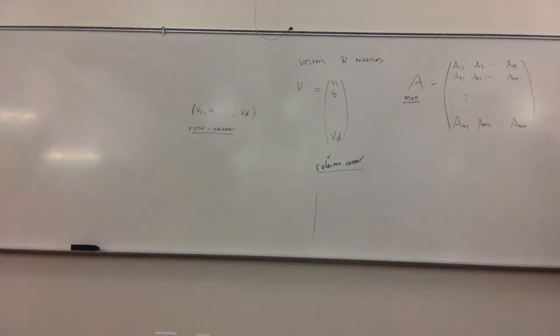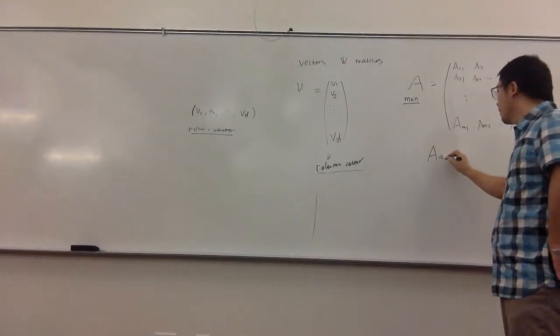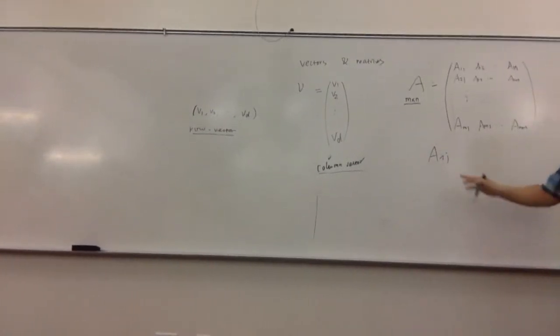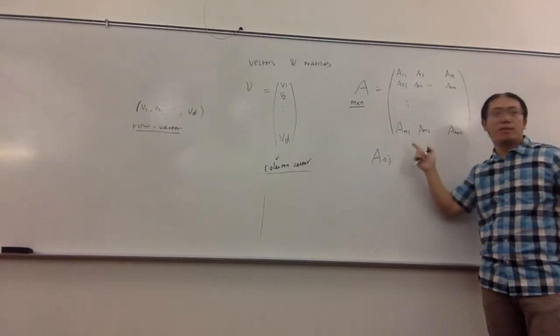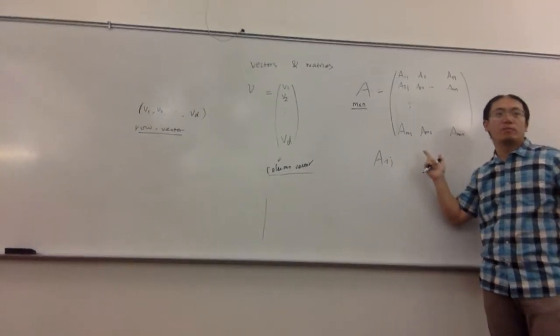So each element in matrix A can be indexed by two integers i and j, right? i indicates the row where this element stays, and j indicates the column.